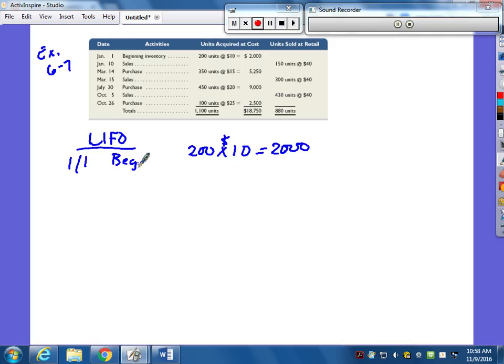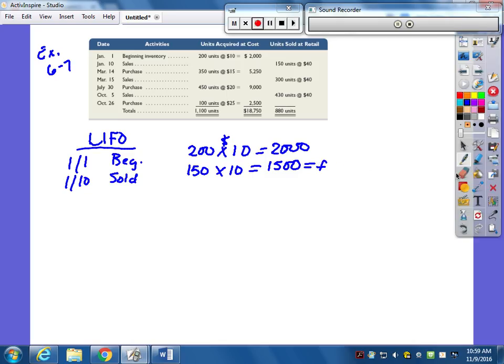And then on January 10th, they sold 150 units. Where do they pull them from? They only have one place right now, right? So at $10, which equals 1,500. But now what we have left is 50 units.